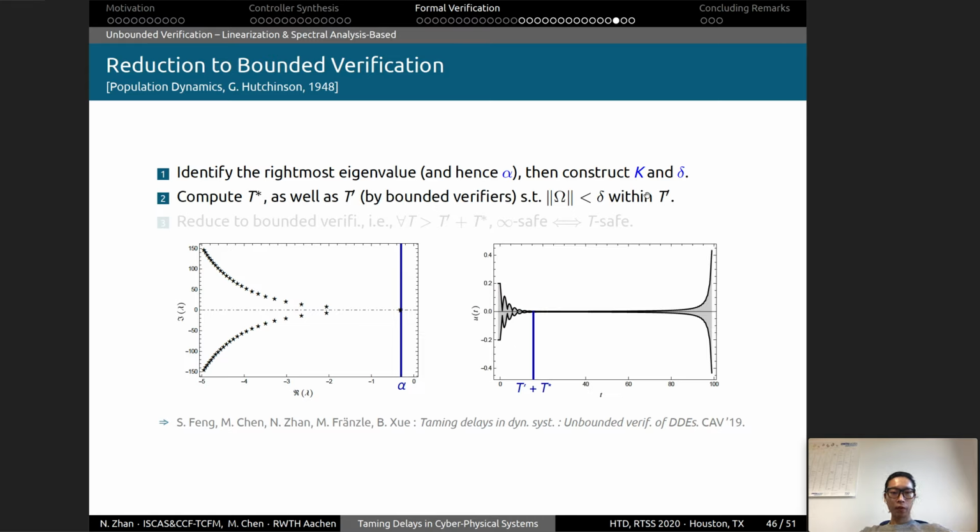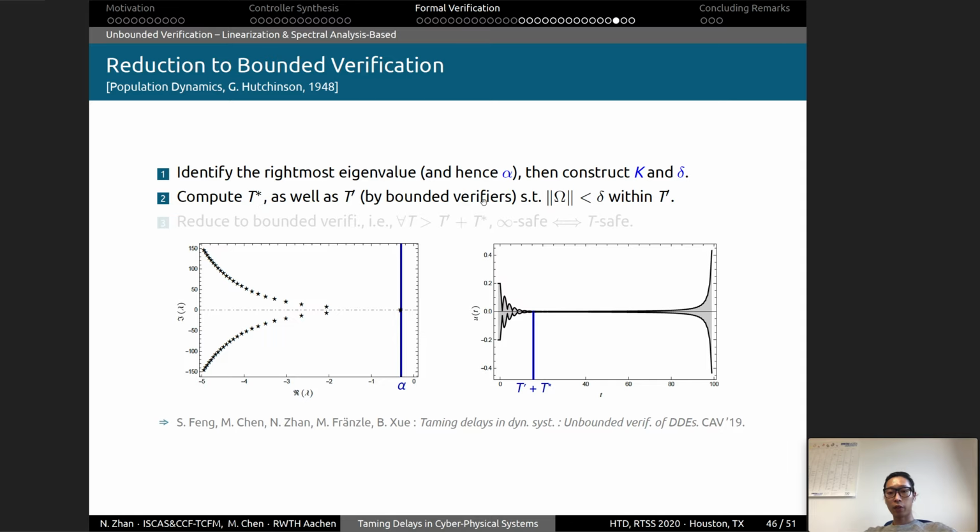Now, again, we compute T star for the linearization. But in this setting, we have to use some bounded verifiers for delay differential equations to guarantee that the solution will first enter such a basin of attraction, because this T star tells us that if we start from within delta, the only thing we need to consider is an interval up to T star.